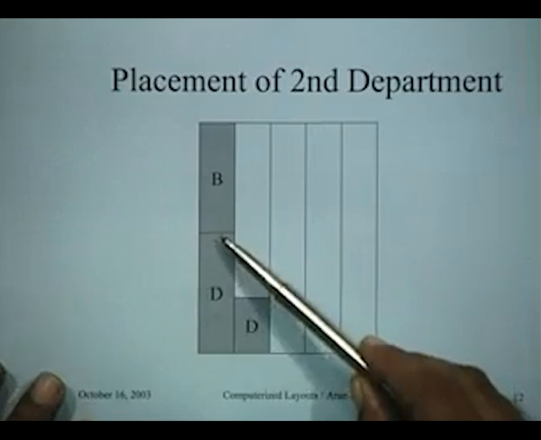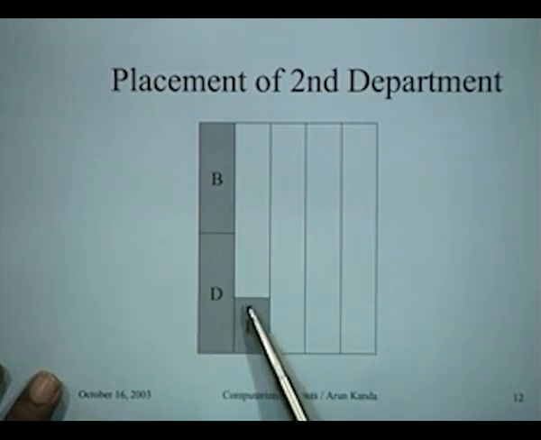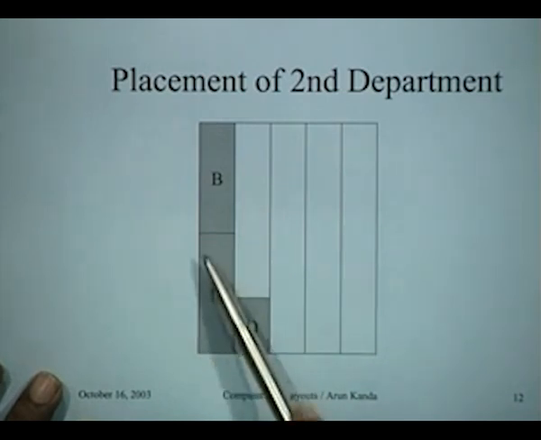Suppose that department is D. We place D like this, but then the space is over. So LDEP says that you cut the strip like this and finish it off here, till you have accommodated the entire area for D.